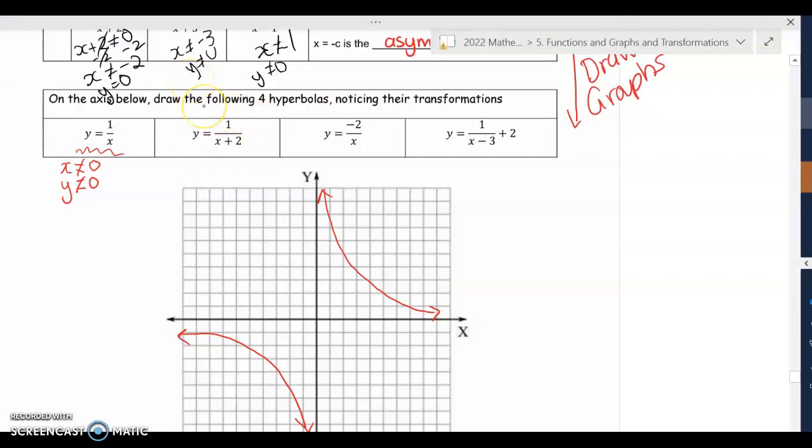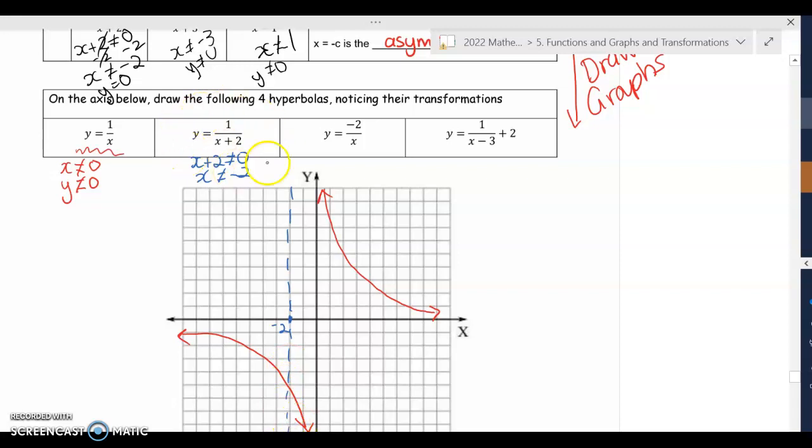The second one, we look at it, okay, we know it's a hyperbola, we know our bottom line, x plus 2, cannot equal 0, so x cannot equal -2. So if we pop, there we go, -2, I'm going to dot our asymptotes in there. So what we have for that graph is x can't equal -2, so that's an asymptote.